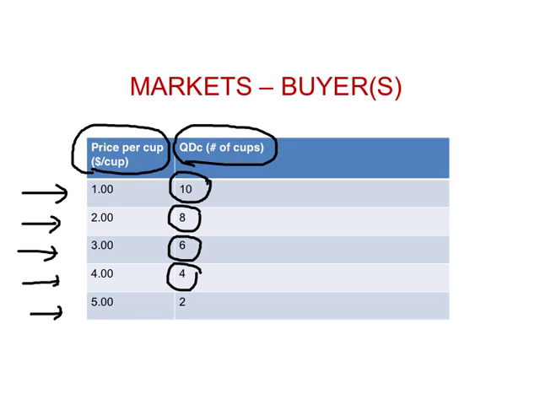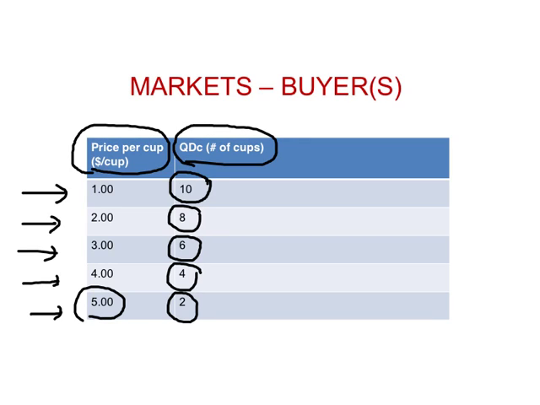And similarly, we get information about what will happen when the price is $5 per cup, and this person will buy 2 cups of coffee. So what we did is, we wrote out different prices, asked a typical consumer of coffee to tell us how many cups of coffee he or she would have at each given price.